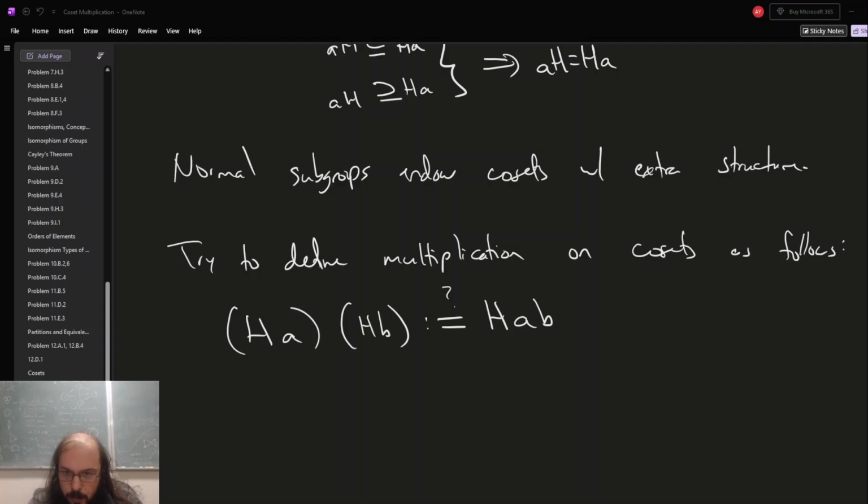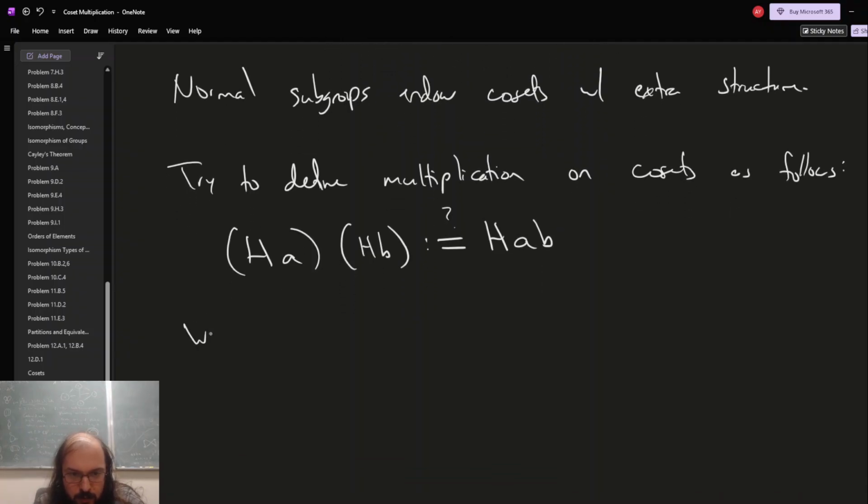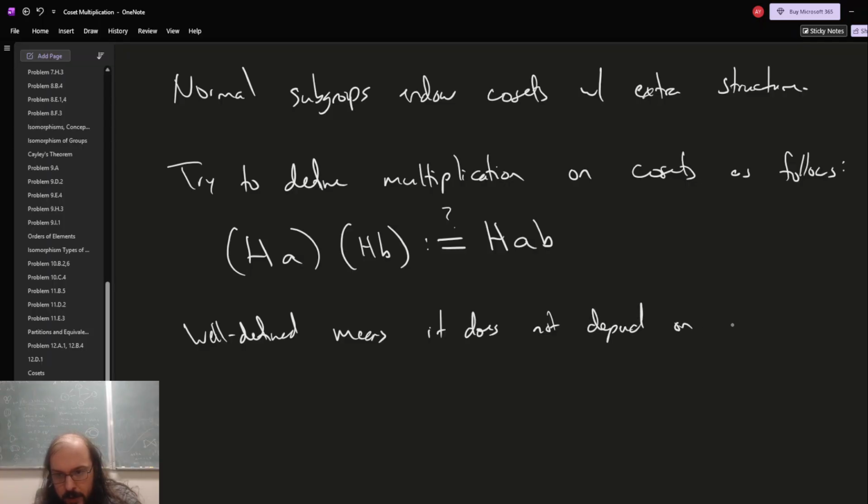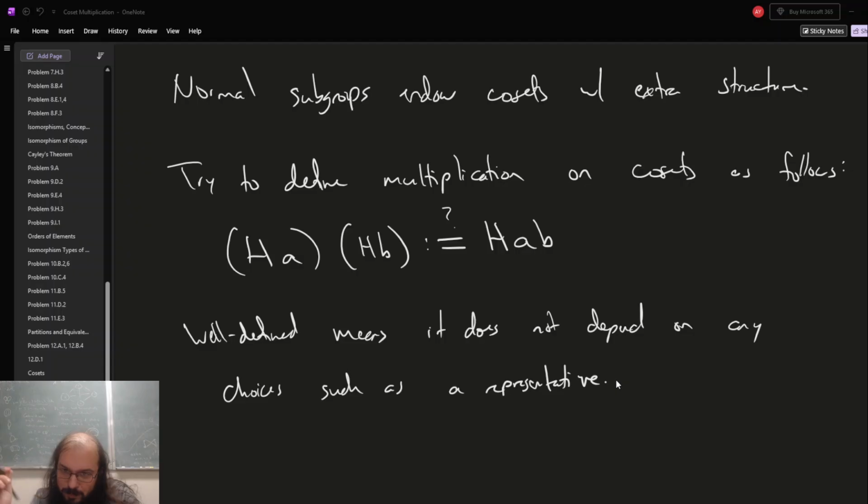And this seems simple and straightforward, but the issue is it's not clear that this is what we call well-defined. And so we remember that to say that something is well-defined means that it does not depend on any choices, such as a representative of a coset.